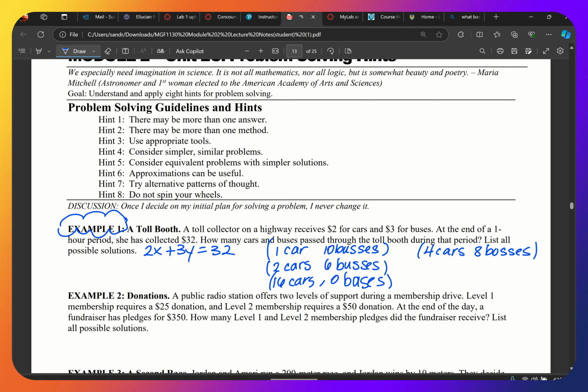Any more? Do we have any more? What about 5 cars? 5 cars and 4 buses.